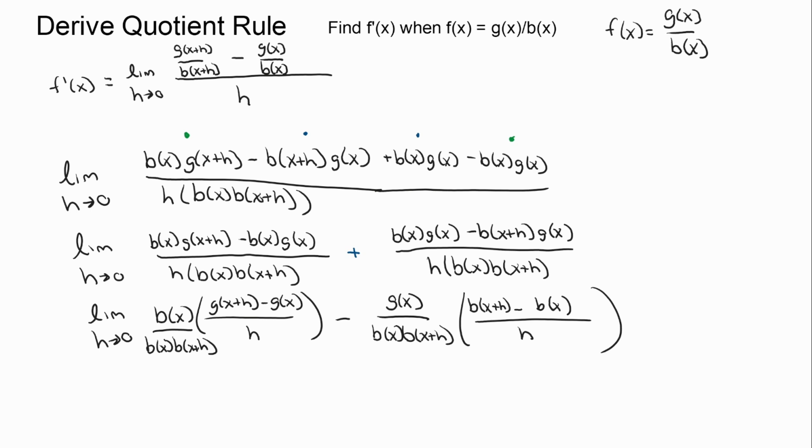We have two things that will converge to the definition of a derivative. So this will go to g prime of x, and this will go to h prime of x. And then the h of x plus h will just converge to h of x for our denominator.